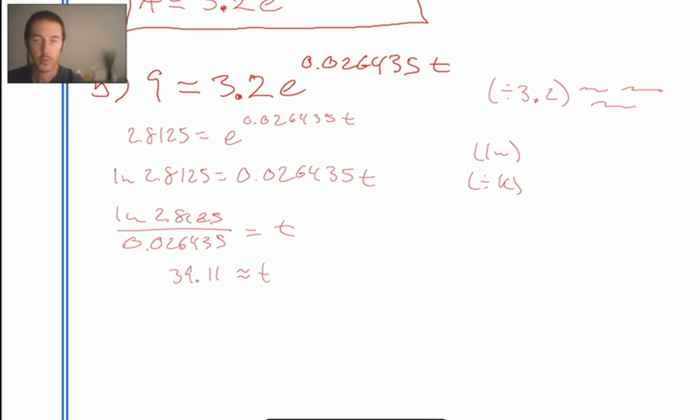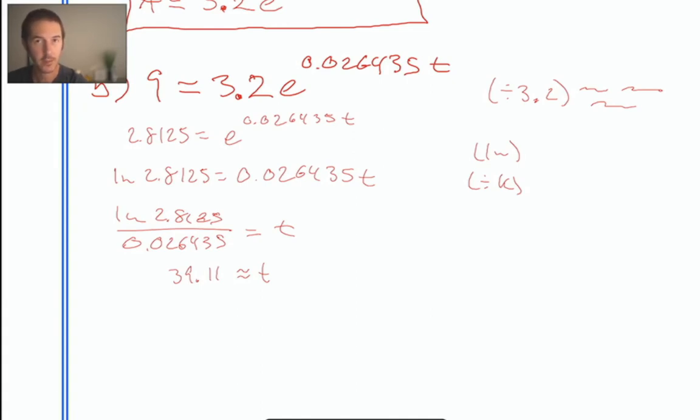Now let's do what I have heard in a recent study that a lot of students struggle to do: take a final numerical answer and actually relate it back to the context of the question. So 39.11 is a t value. What does t represent? It represents time. Time since when?